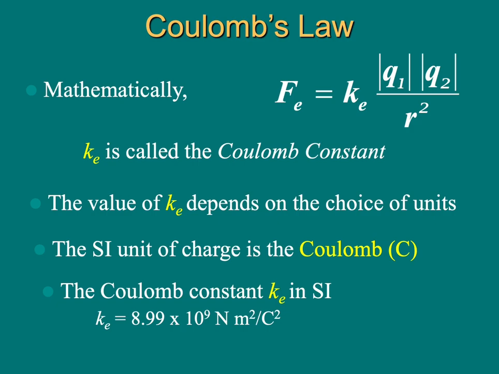The value of ke in SI units is 8.99 times 10 to the 9 newton meter squared per coulomb squared. The SI unit for charge is the coulomb, to honor the contribution of Coulomb in finding Coulomb's law of electric force.